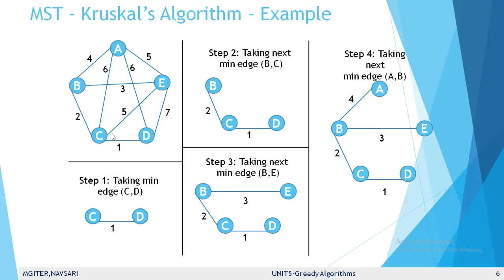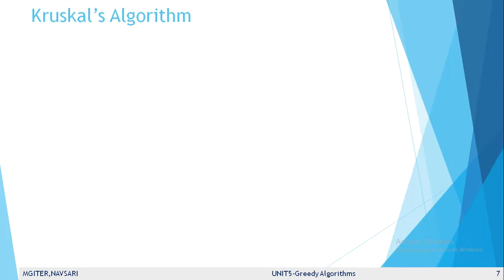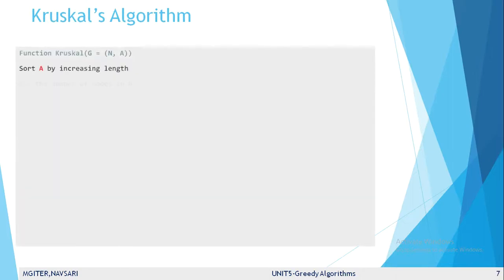Here how many vertices? 5 vertices, that is A, B, C, D and E. So here we covered all the vertices with the minimum weight. The total cost of the minimum spanning tree is 4 plus 2 plus 3 plus 1, which is equal to 10.